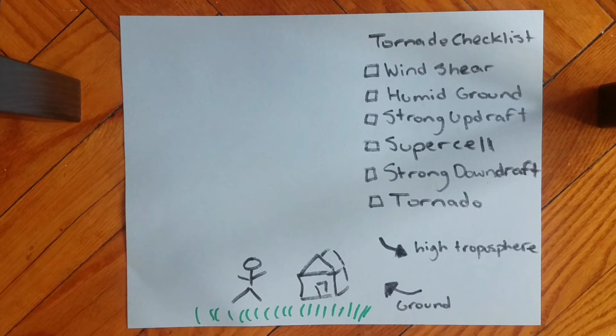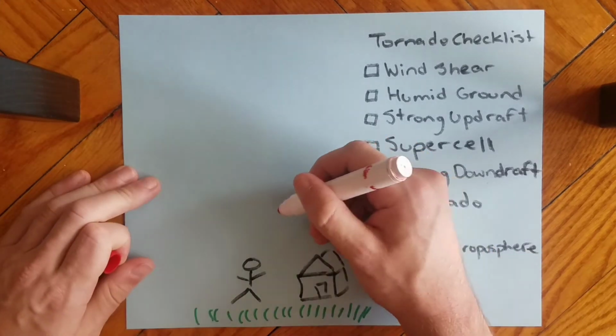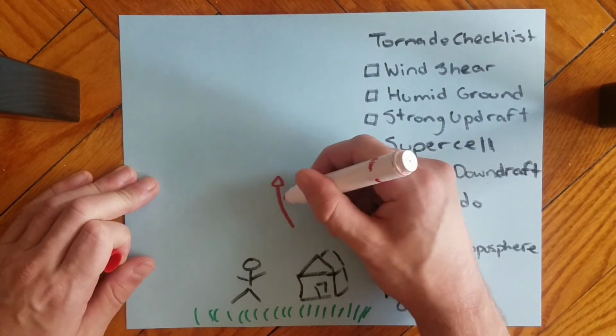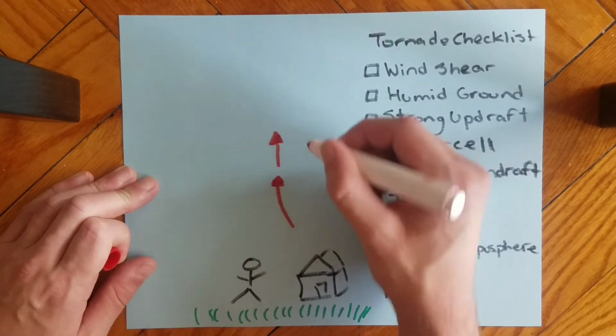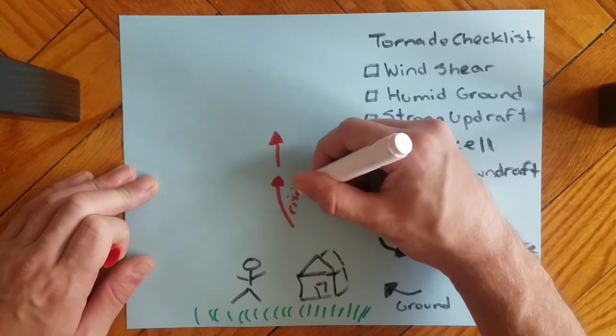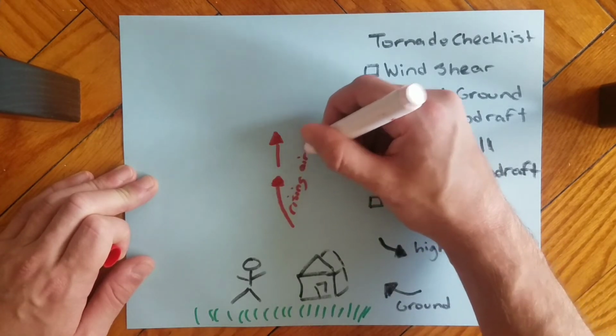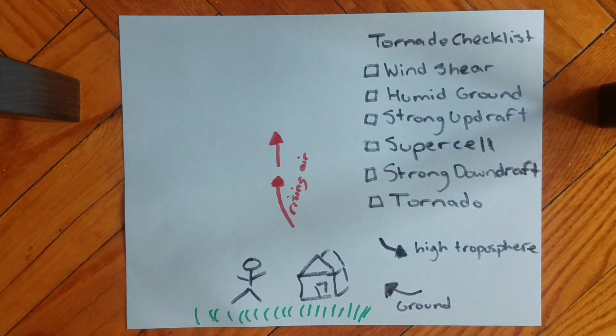When you have that, it's going to cause something called wind shear. That's when you have this kind of cylindrical wind phenomenon happening high in the troposphere. Now, that in combination with strong rising warm moist air, I mean, we know this, it's just your typical condensation, and that's going to cause very large cumulonimbus clouds.